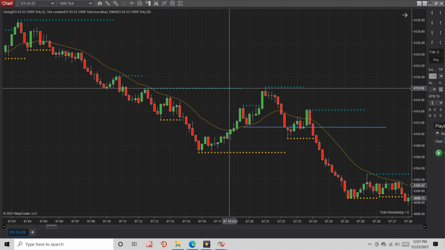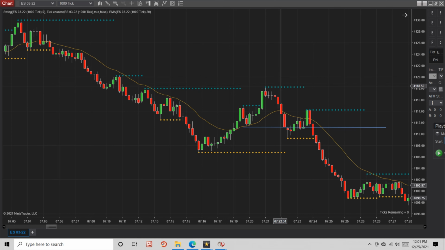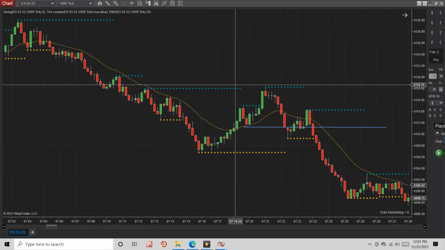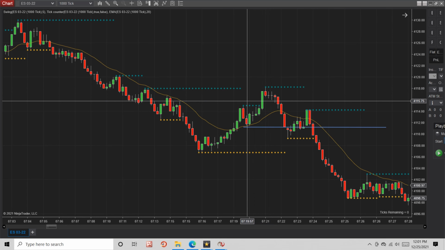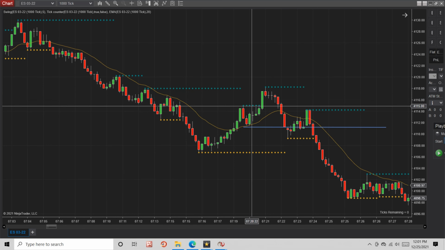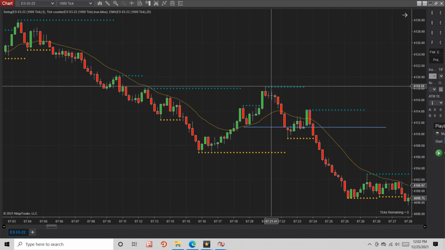Like I said, there are three requirements. First requirement, the difference between the first circle and the third circle has to be less than 3. If that happens, you can take a trade. Or the requirement is between the second top and the third top, so the second circle and the third circle, it has to be less than 3.